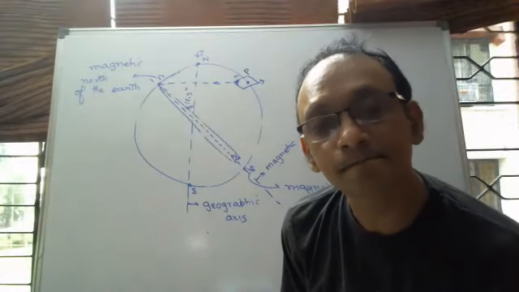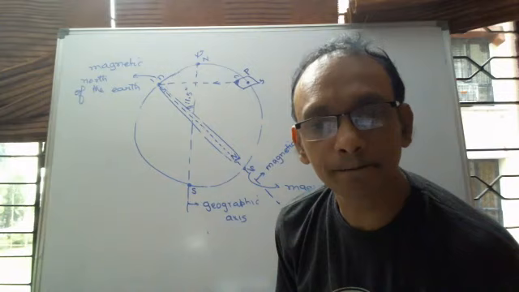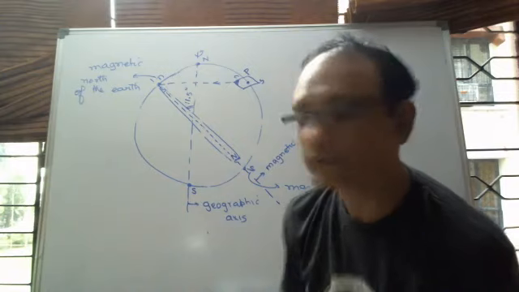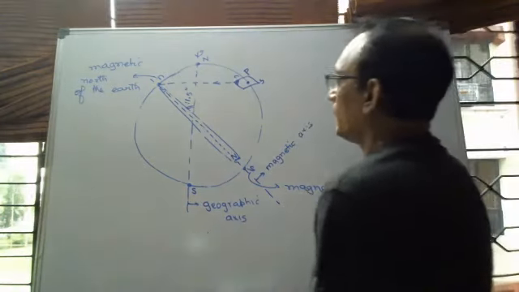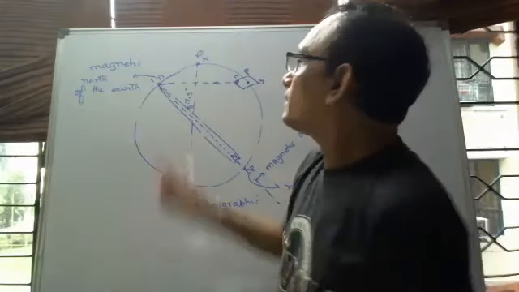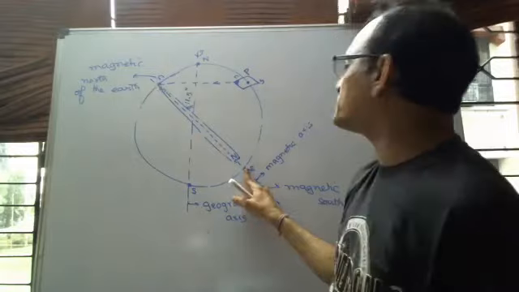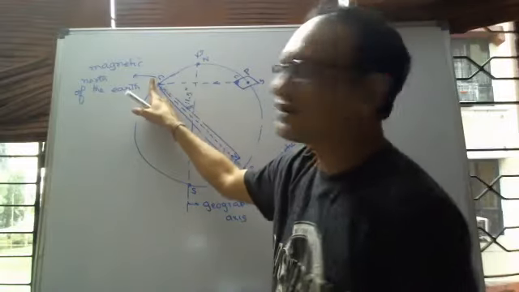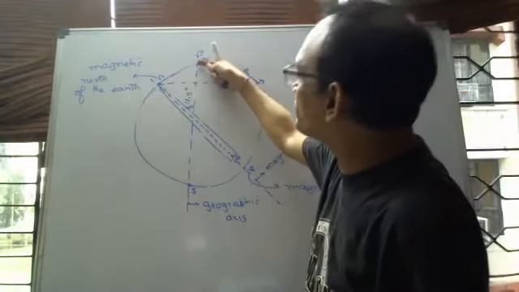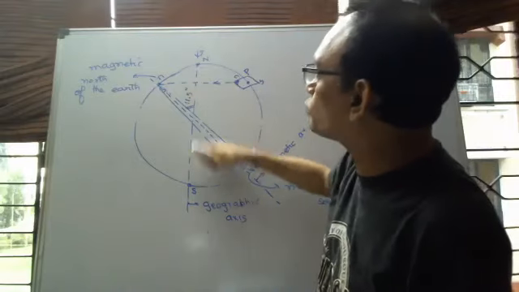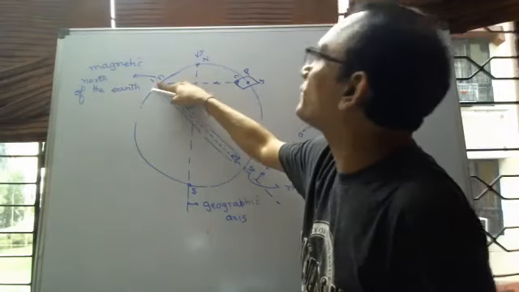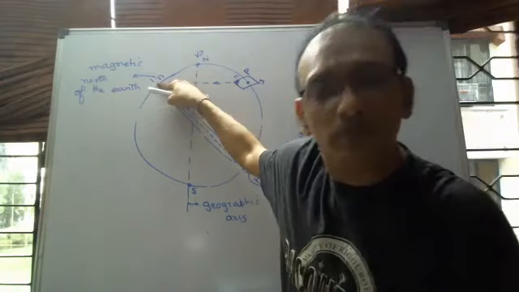You might be tempted to ask why we don't just call this the south pole, and call the other the north pole. The convention is that whatever is close to the geographic north, we call the magnetic north pole.